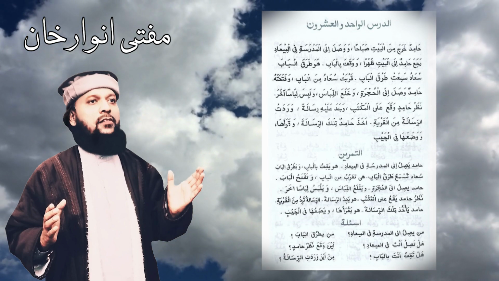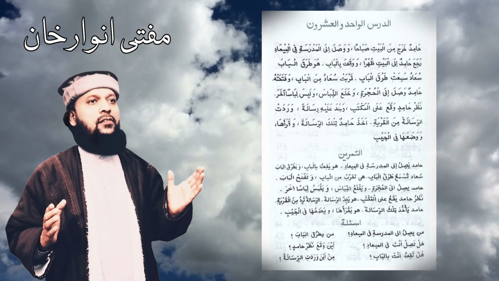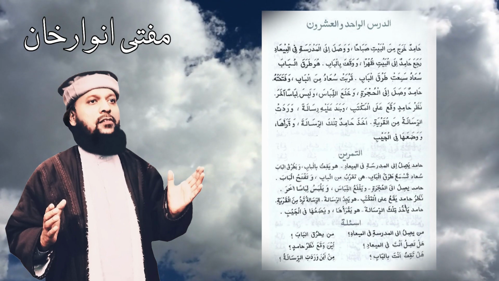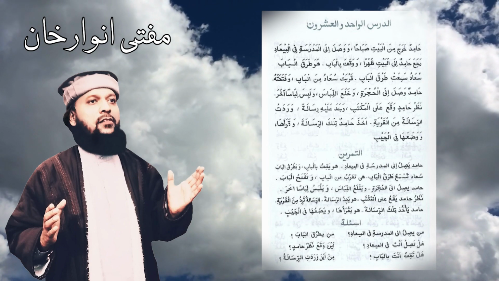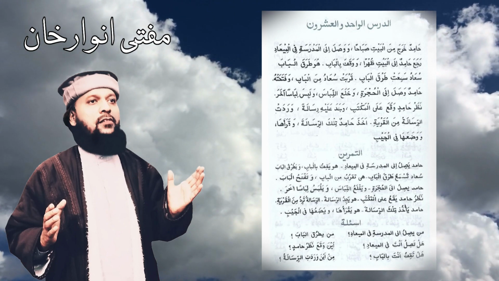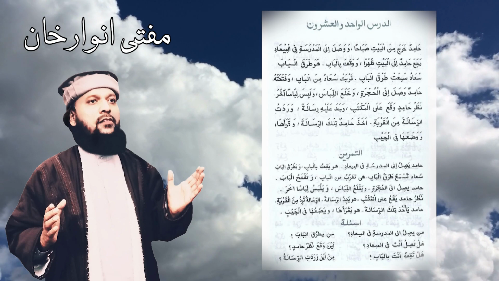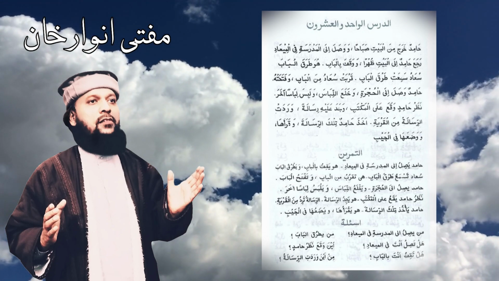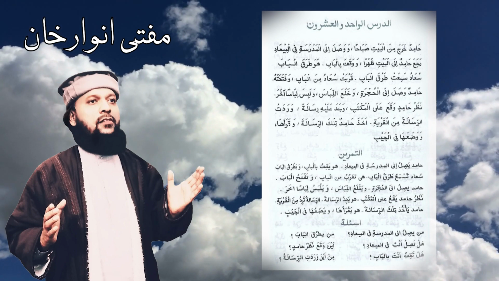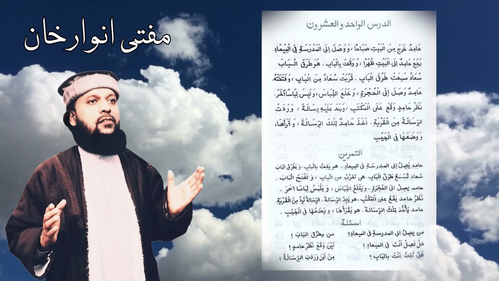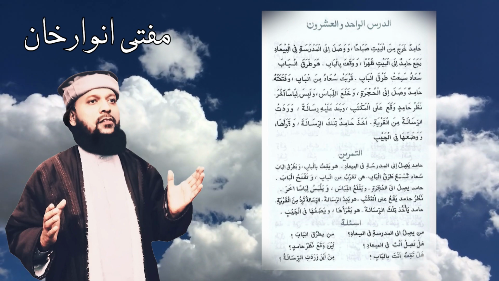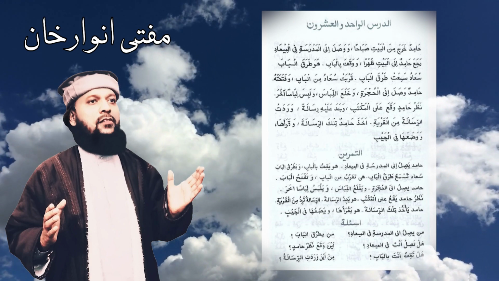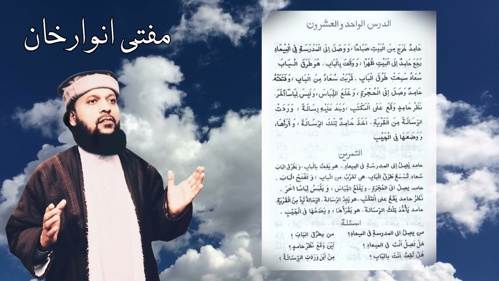You know, in Arabic verbs, generally there are 3 root letters. Most Arabic verbs have 3 root letters. The first root letter is called fa, the second one is called ain, and the third one is called lam. In fact, these 3 names have been taken from the verb fa'ala, meaning to do something.